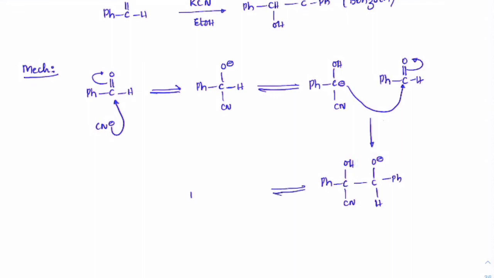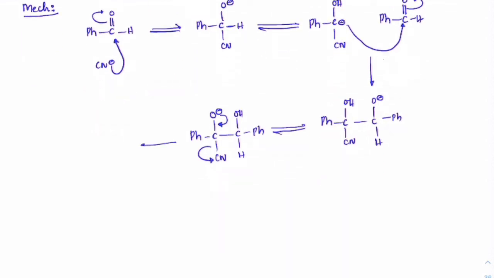So proton transfer will be observed with C, O minus, and this will become OH, Ph and H with CN. Now this O minus will attack here, CN minus will be released. We will get this as Ph, C double bond O, CH(OH), Ph, which is benzoin, removing out CN minus.